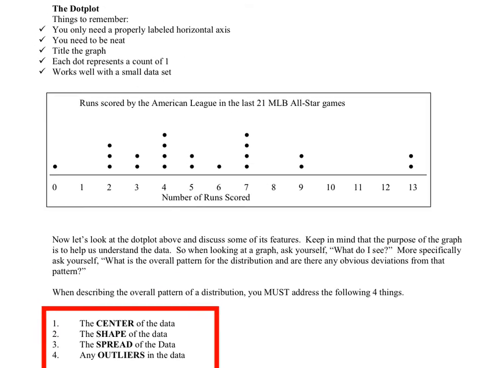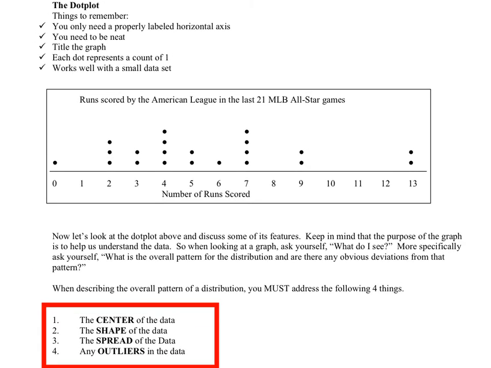Now, as far as the dot plot is concerned, really all you're doing is you're taking your data set, very simple. You have a raw set of data. You're going to create a number line going from the lowest value to the highest value, and then you're just going to put a dot for every time each one of those values occur. Right?